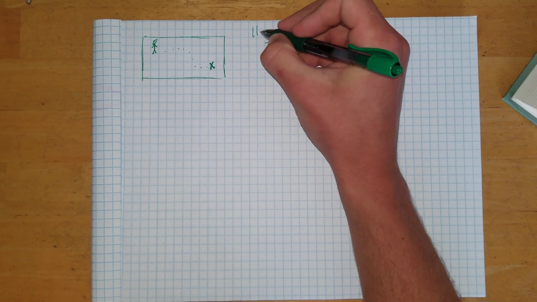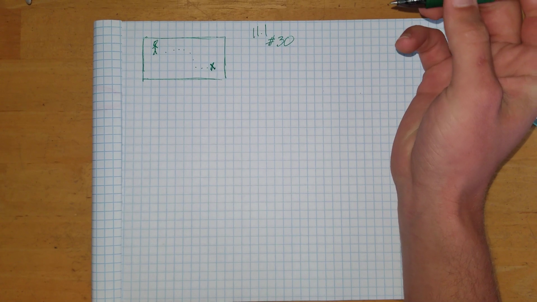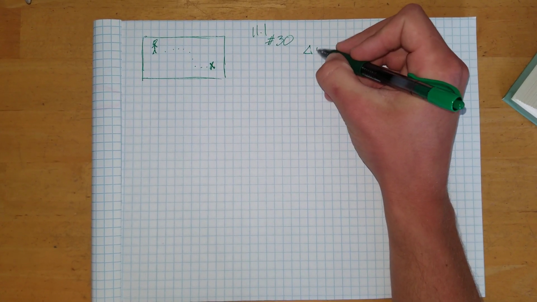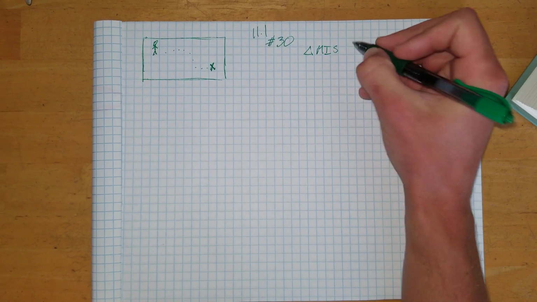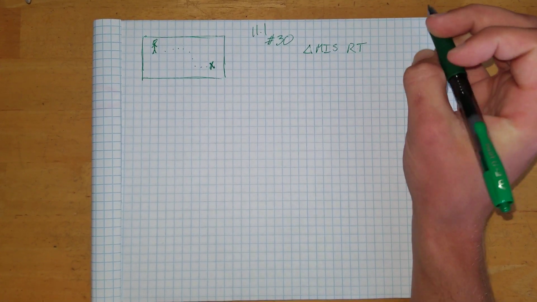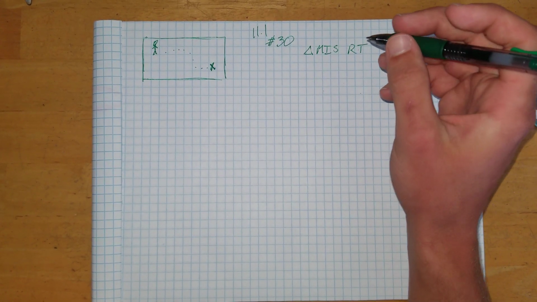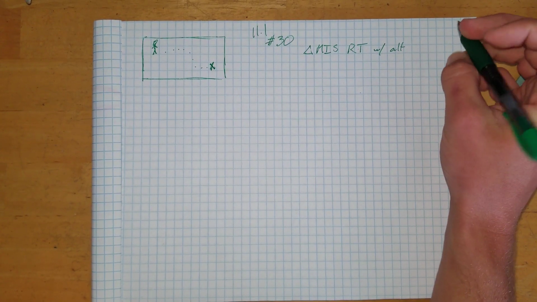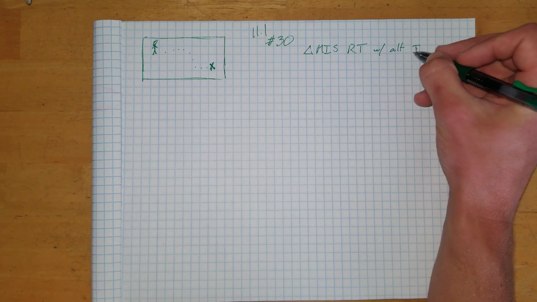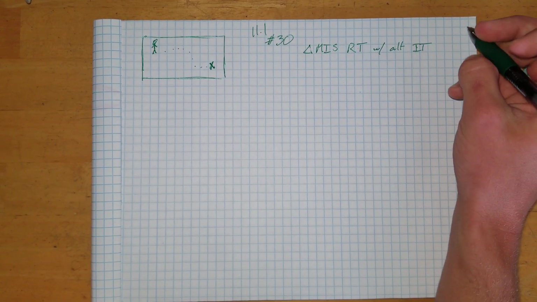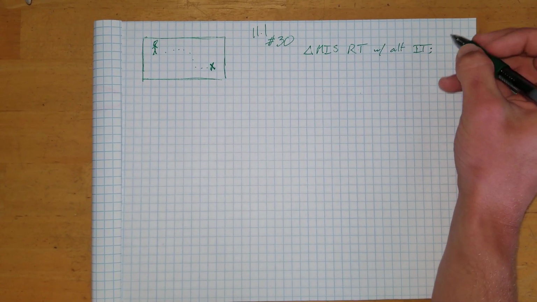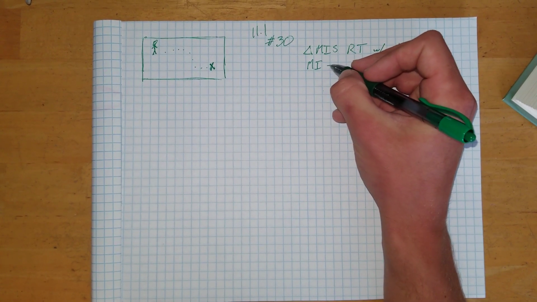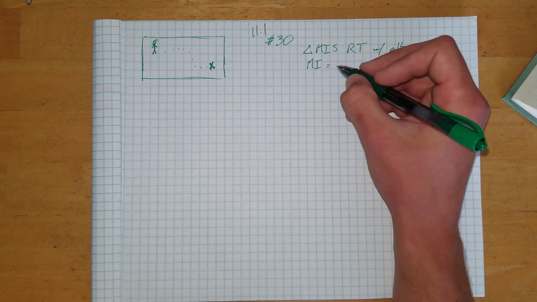from 11.1. We are given that MIS is a right triangle with altitude IT, and we are also given that MI equals TS.